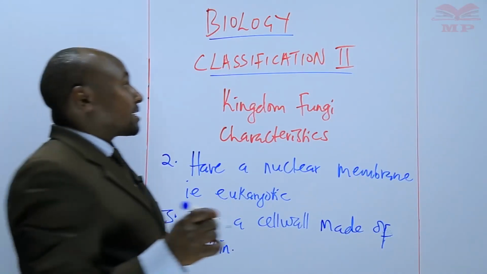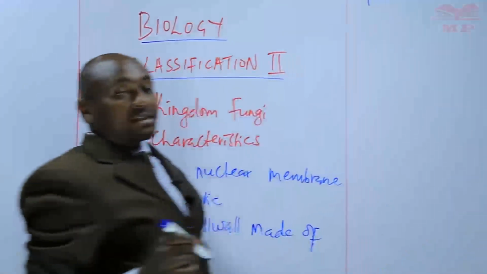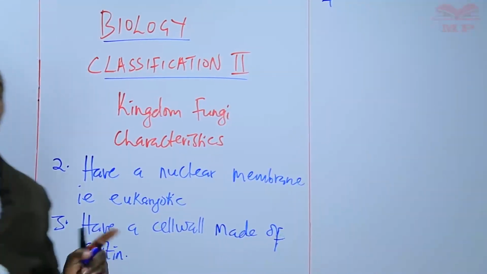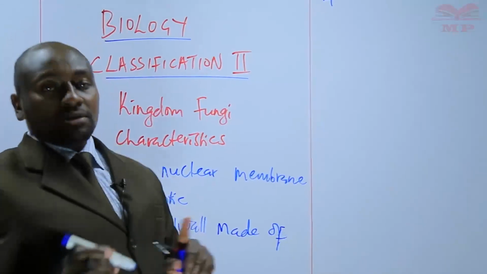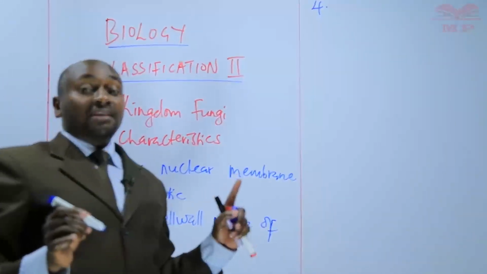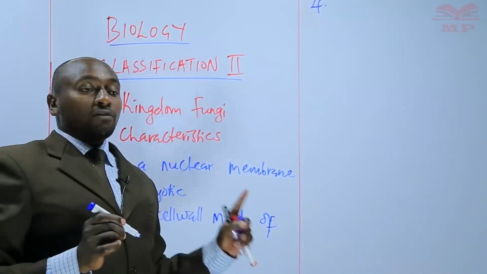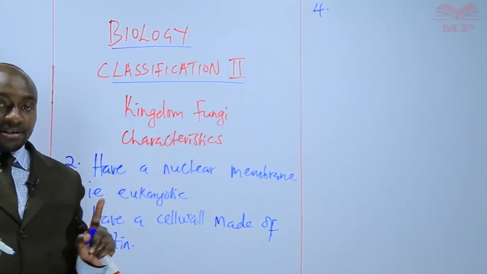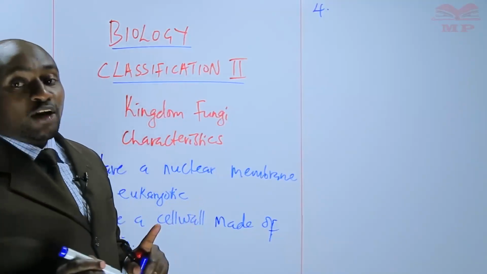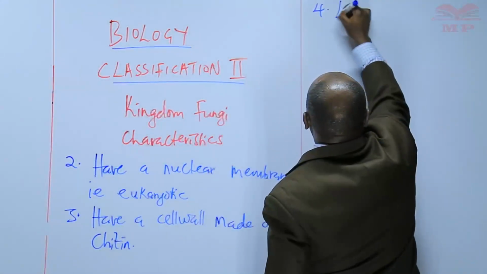Now, characteristic number 4 is that if you observe things like the mushrooms, some are brown, some are cream, some are white, you find that the fungi lack chlorophyll. They do not have chlorophyll like the plant cells. So for that, they cannot carry out photosynthesis.